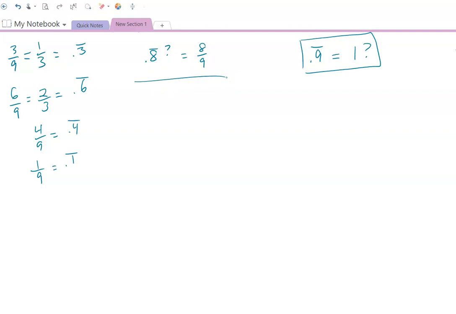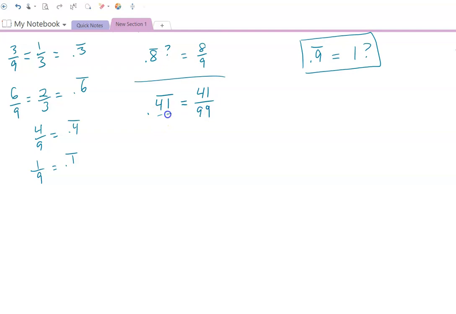Now, let's say that we don't have just a single digit repeating. Let's say that we have a 2-digit number that repeats, so maybe 0.41 repeating, okay? We could go through the process in the book for converting this, or I am totally fine with you using this shortcut. This is 41/99.